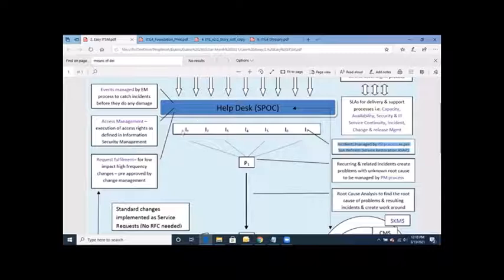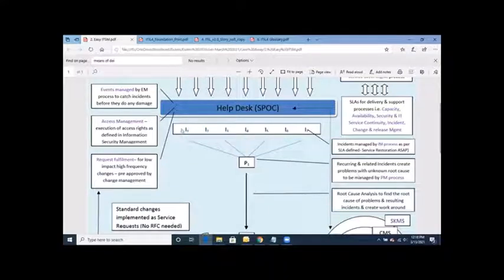Similar looking incidents: user saying I cannot access the internet, user saying I cannot send an email, user saying I cannot take a printout, user saying I cannot share files on the network. All these are somehow linked to the network. Some issue seems to be there in the network. So then the problem management process comes into the picture.